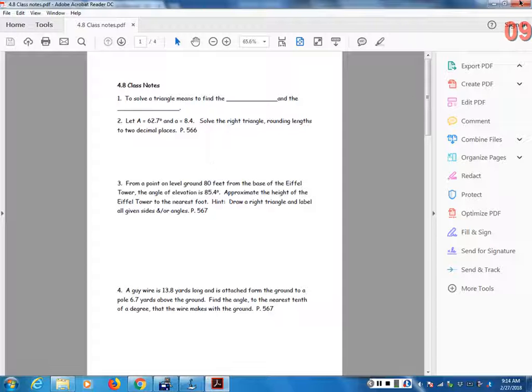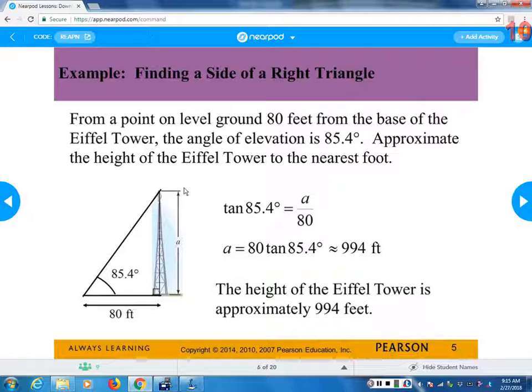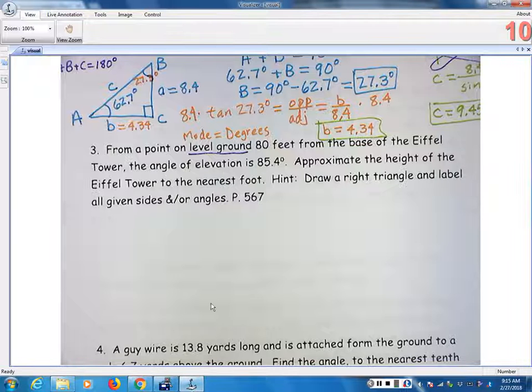Do you guys need that then? Sorry about that. I have it on my disk, but I never got it over to D2L. Do you guys like this? It gives you room to write notes.